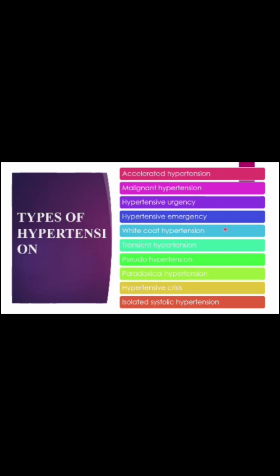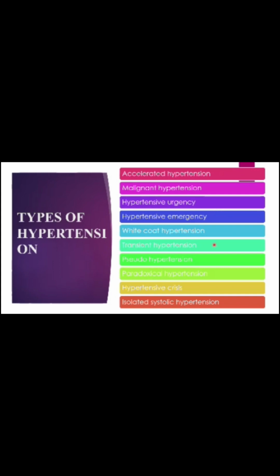Then white coat hypertension. In white coat hypertension, the BP transiently increases when the doctor monitors the BP for a while. It may be, as an example, due to stress or a sudden health checkup.